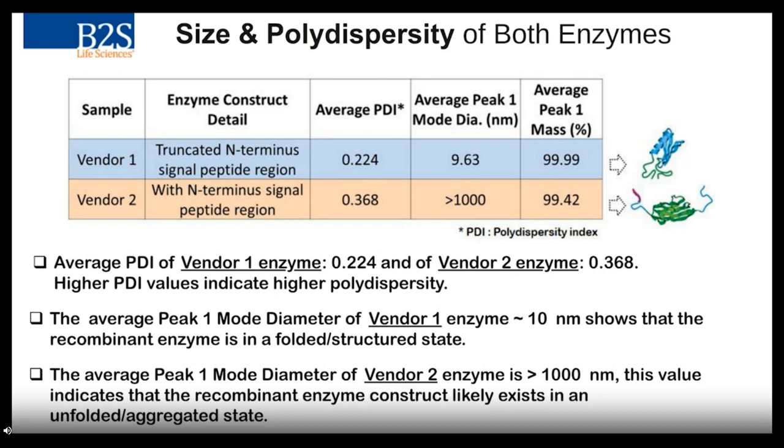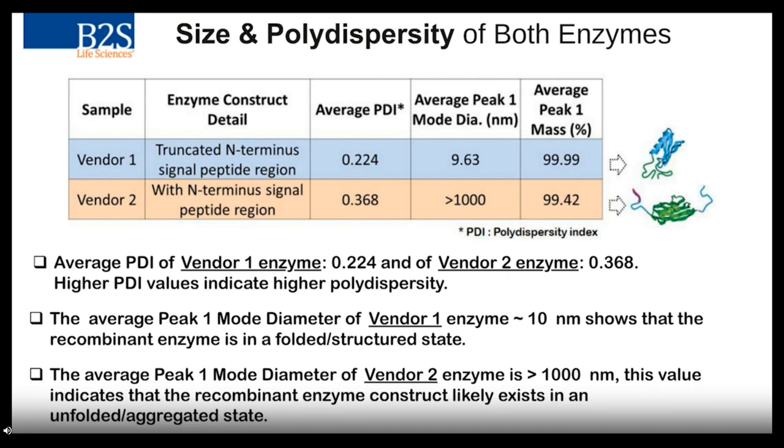And if you also look at the mode diameter of the first peak, that would be corresponding to the monomeric protein, is much smaller, so under 10 nanometers for the diameter. And the mass percentage of it is nearly 100%.